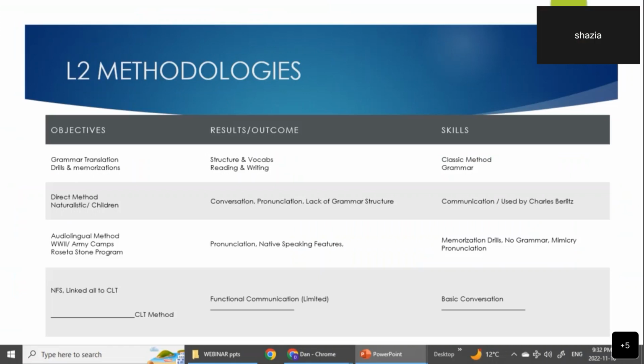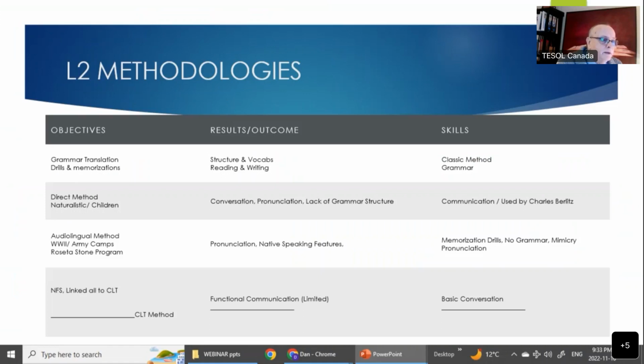Right now, we're going to look at the audiolingual method, which developed in World War II. The grammar translation method and direct method in the 18th and 19th centuries were the common methodologies being used by educational institutions.